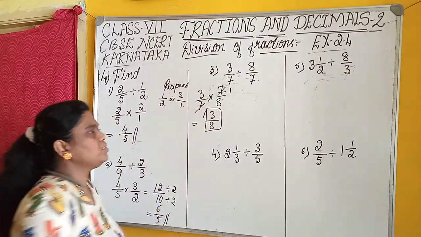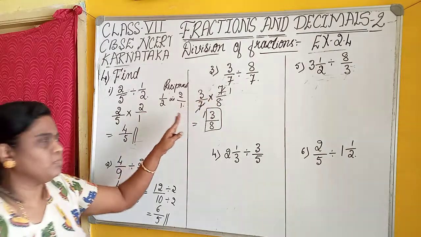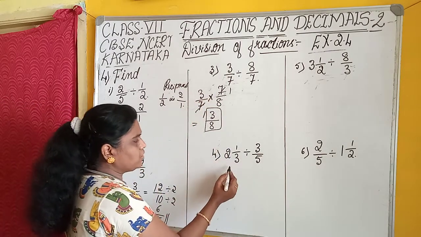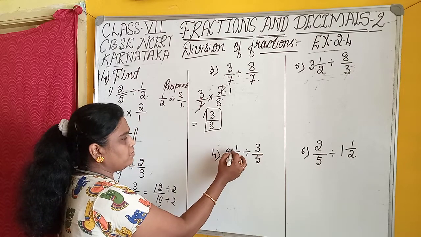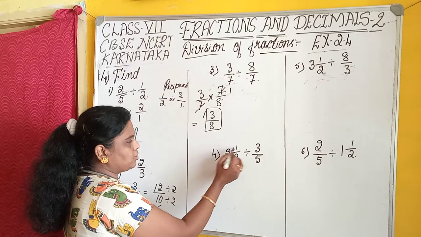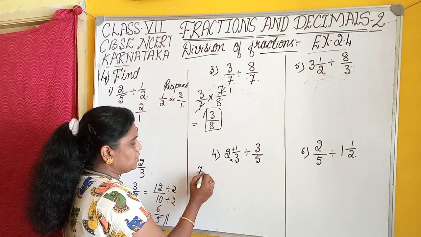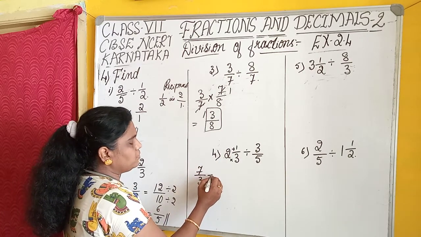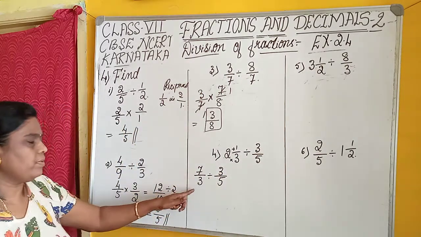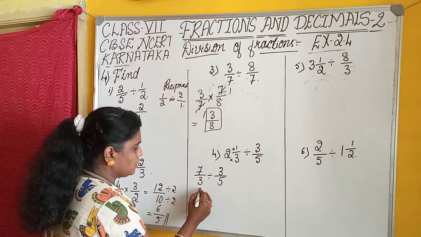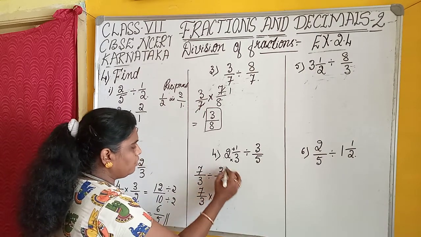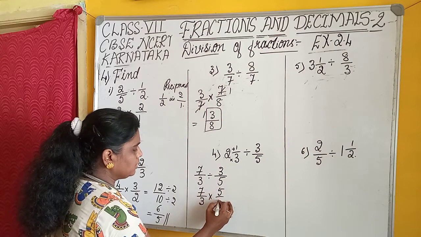Okay students, understood? This 7 7, both of them get canceled, ones are, ones are. And here the mixed fraction gets converted into an improper fraction. 3 2s are 6, 6 plus 1 is 7 by 3 divided by 3 by 5. 7 by 3 divided by 3 by 5 is 7 by 3 into the reciprocal of 3 by 5, which is 5 by 3.